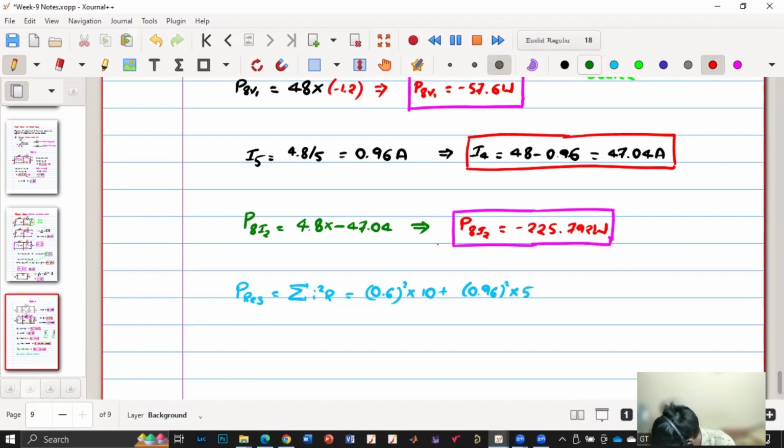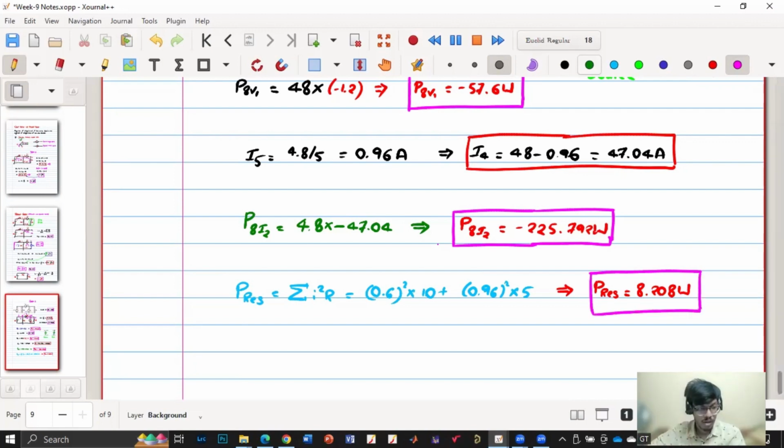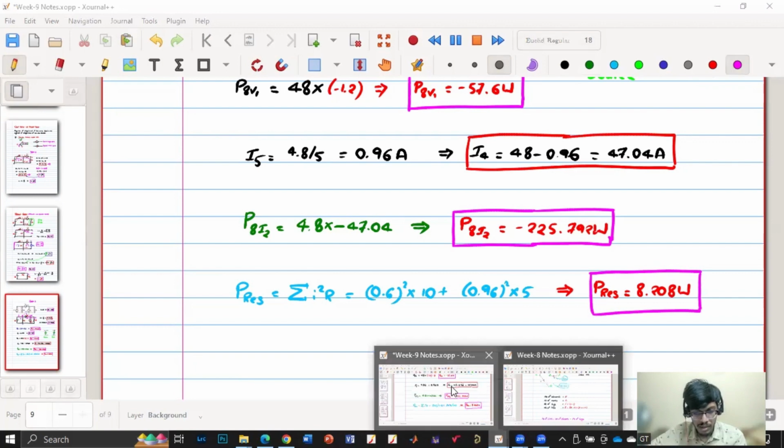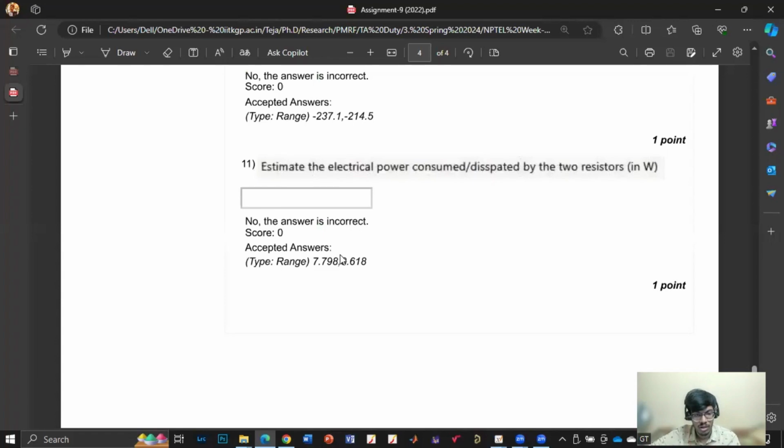If you do that, you will get 8.208 watts. So this is the power consumed by both the resistors. If you get back to the question, 8.20, it is also falling in the range.